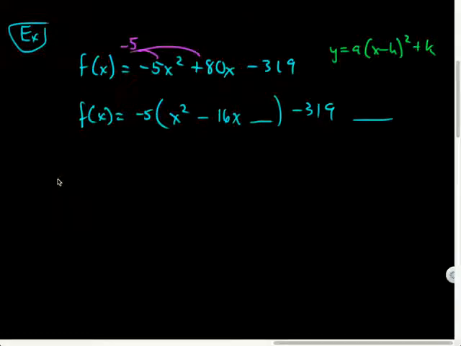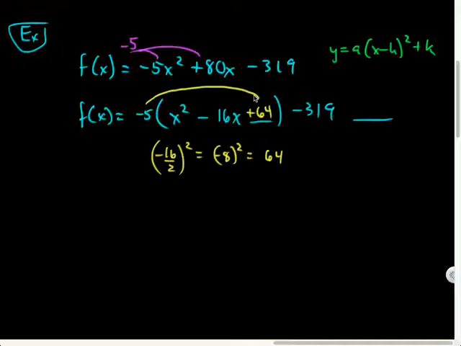All right. So now I want to complete the square. So positive 64 here, right? Now, adding 64 in the world of parentheses was really subtracting, what's that?